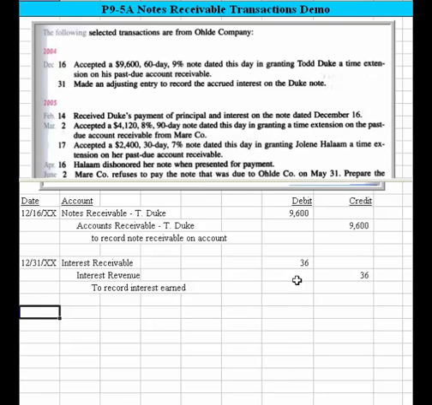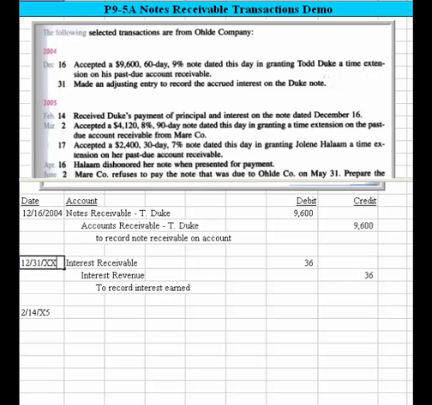Now we move to February 14th of 05. I'll put an X5 in there to put in the year. Oh, actually, they give us the full year, so all of these could be stated in proper form.